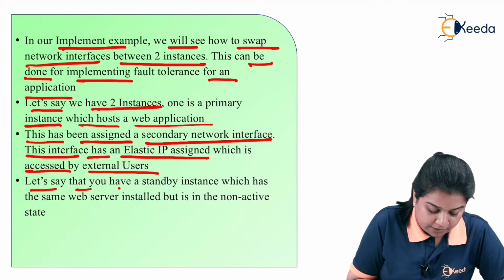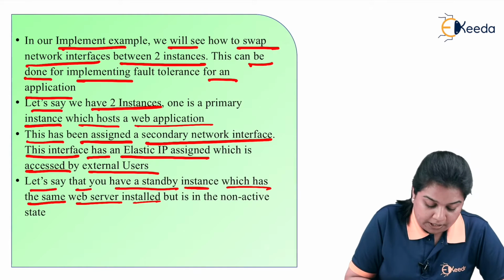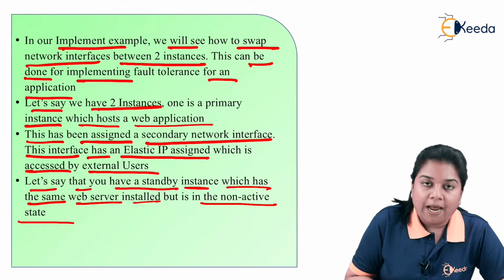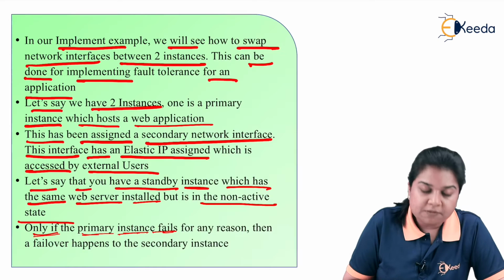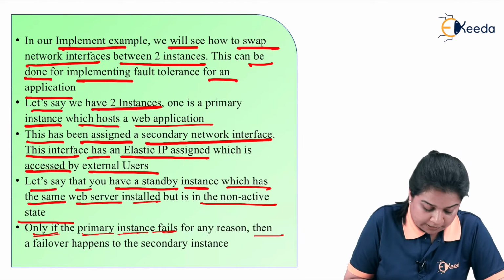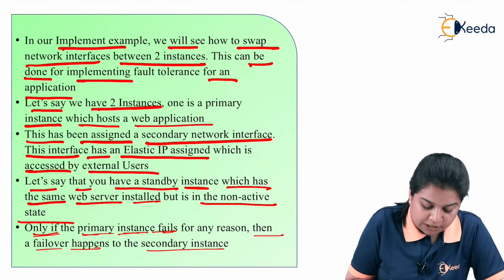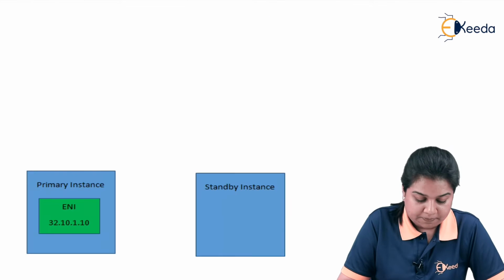Let us say that you have a standby instance which has the same web server installed, but it is in the non-active state. Only if the primary instance fails for any reason, then a failover happens to the secondary instance.